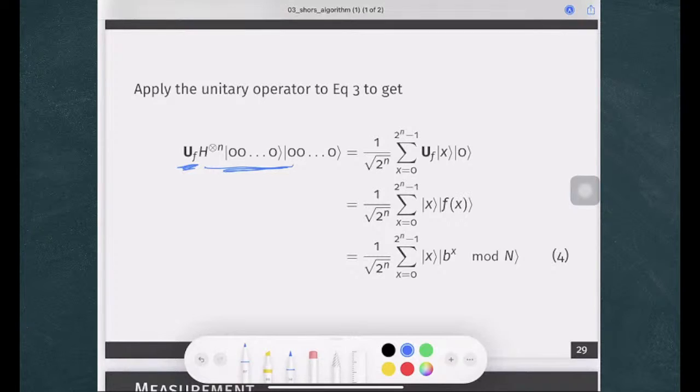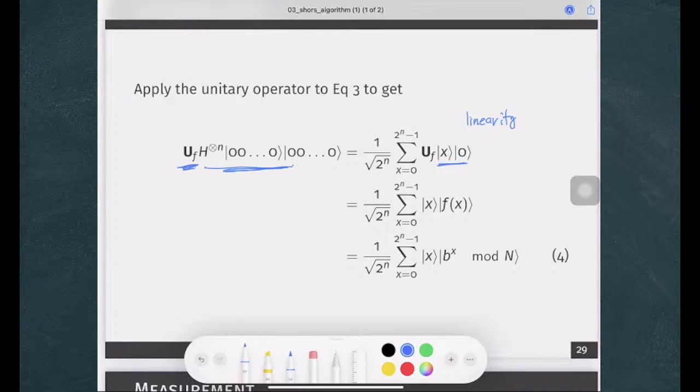the linearity of operation, you can apply the operator to each term, since you have a sum. So you can apply it to this one here.